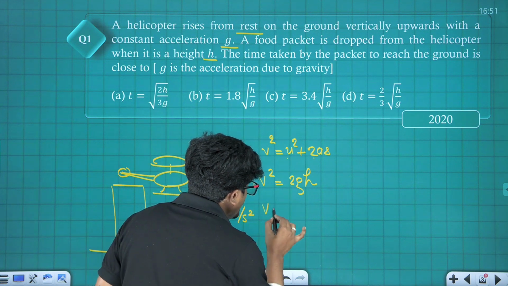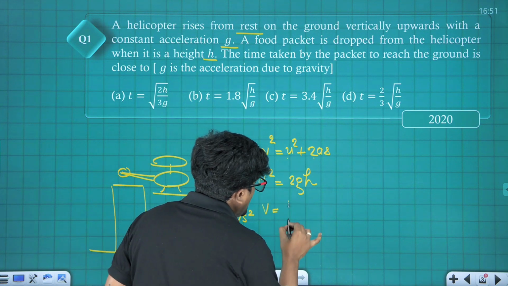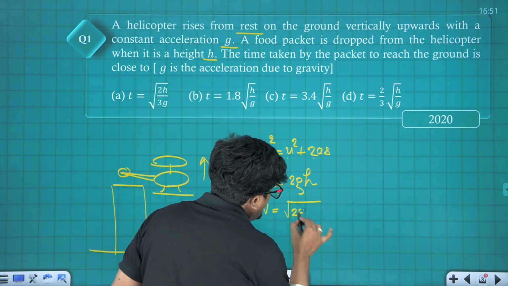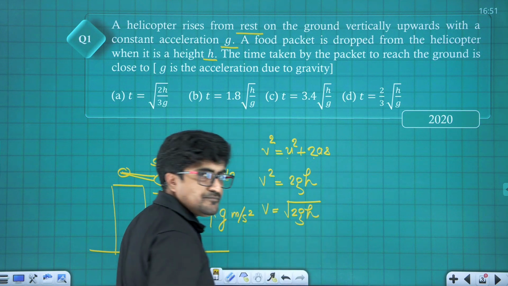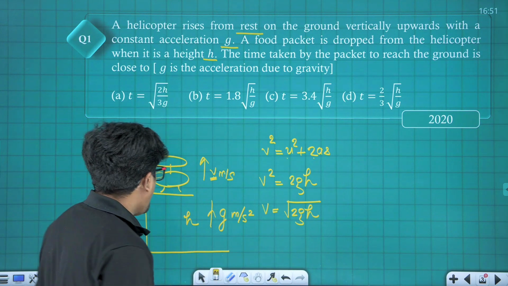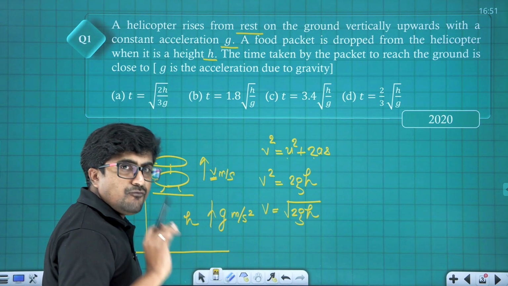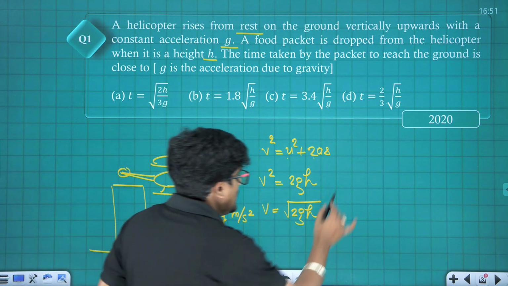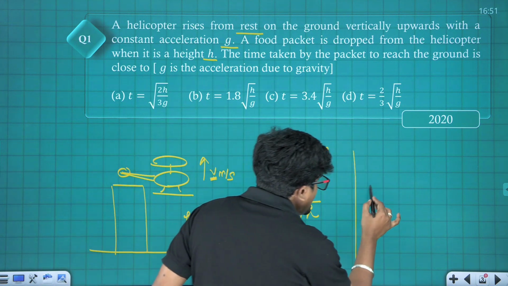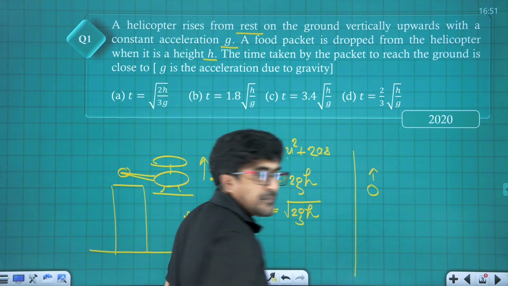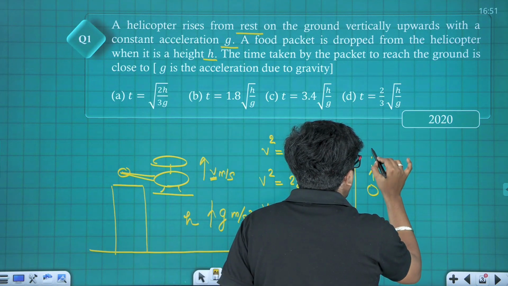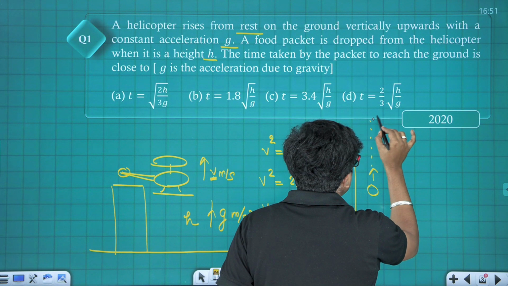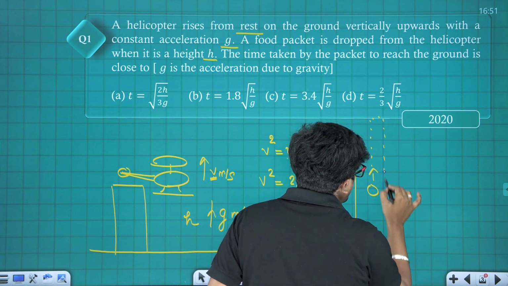Now, what is velocity v? Velocity v is under root of 2g into h. Of course, the food packet that is getting detached from this helicopter will definitely have the same velocity in the upward direction. Now it will go to a particular height, come to a state of rest, and after that it will come back.